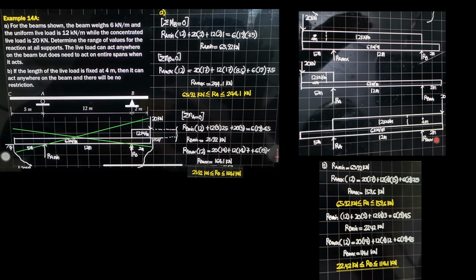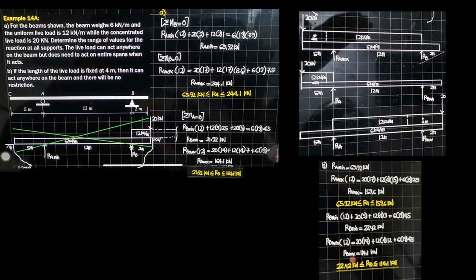Summation moment about A equals 0, RB max times 12 plus 20 times 14, then plus 12 times 4 times 12, because that is 2 meters, so this is 12 meters. Then plus 6 times 19 times 4.5.